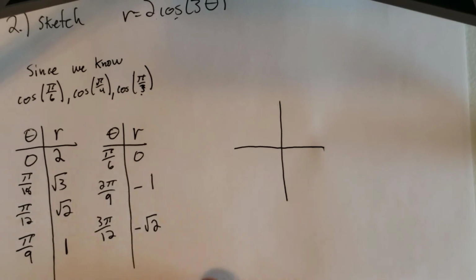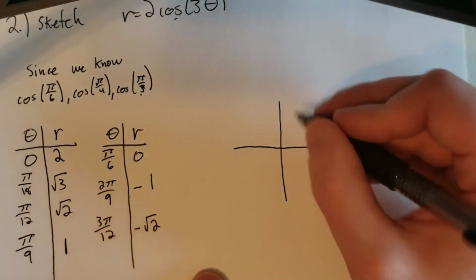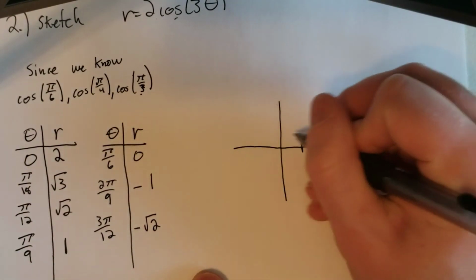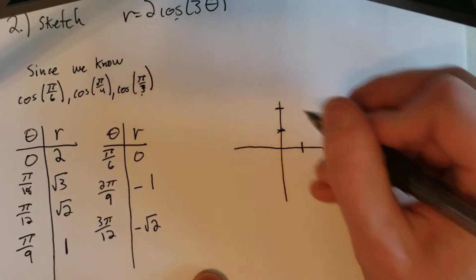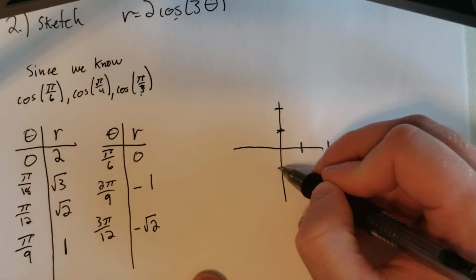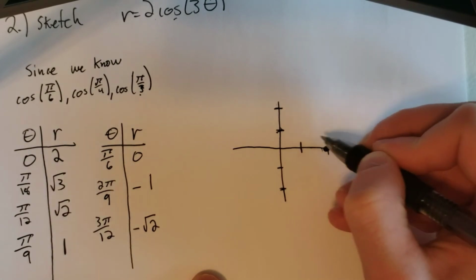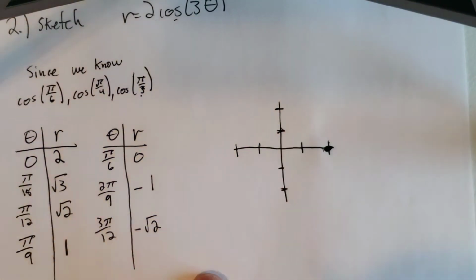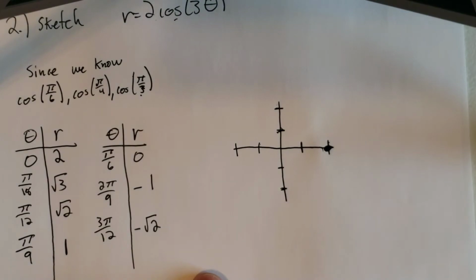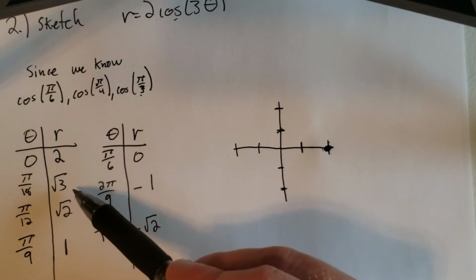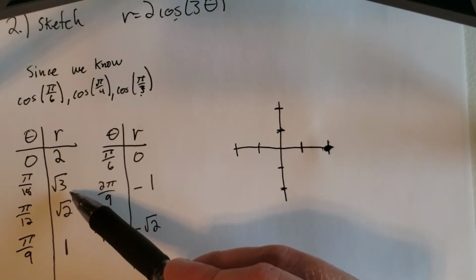0, 2, so we're moving in the direction of the positive x-axis, and we go out to a radius of 2. Then we have pi over 18, square root of 3. Square root of 3 is approximately 1.7 or so.